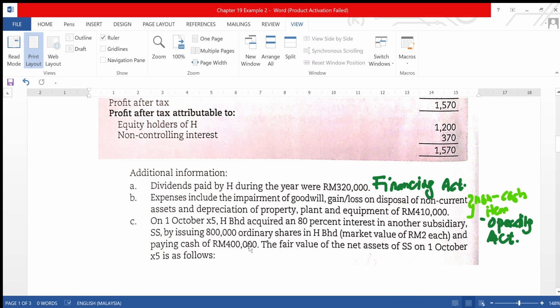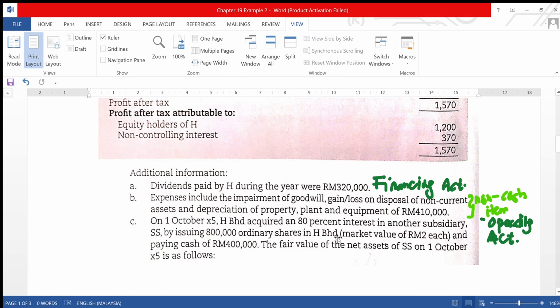And then there is the purchase or acquisition of subsidiary. This is what usually differentiates a simple cash flow from a group cash flow. It has a purchase of subsidiary. Okay, and later I will explain the adjustment.